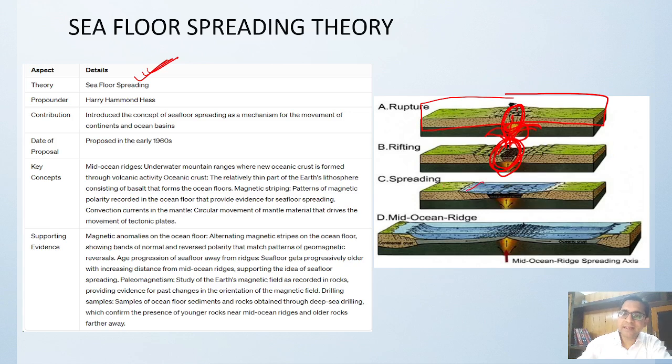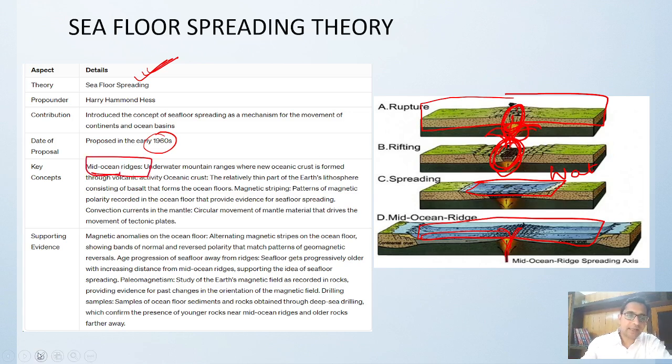The area where the land breaks is filled with water, and as more and more area breaks, more and more water gets filled over there. So this mechanism is because of the formation of the convectional current, and because of that the sea floor started spreading. Okay, in the 1960s this theory came into being, and the main concept is the mid oceanic ridge.